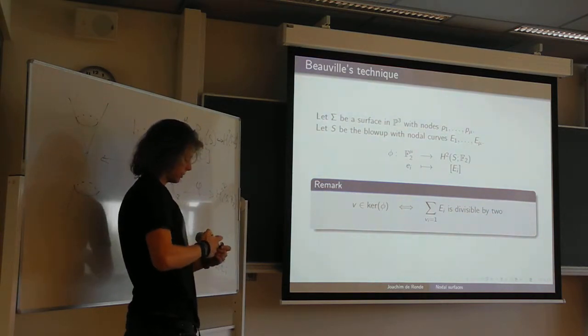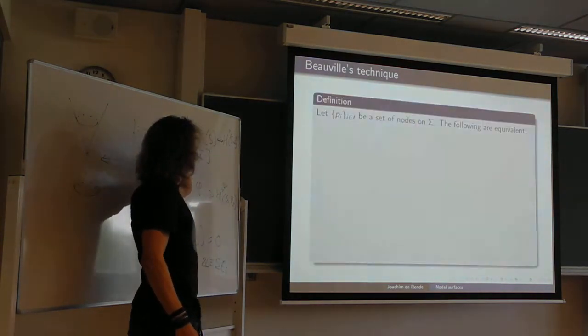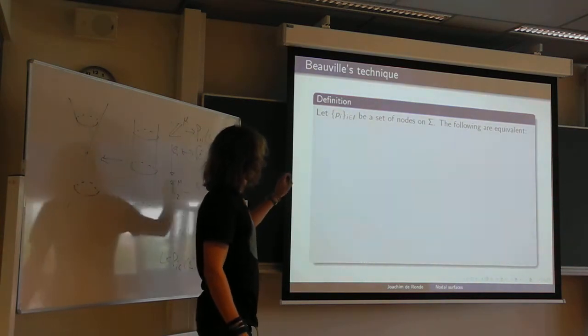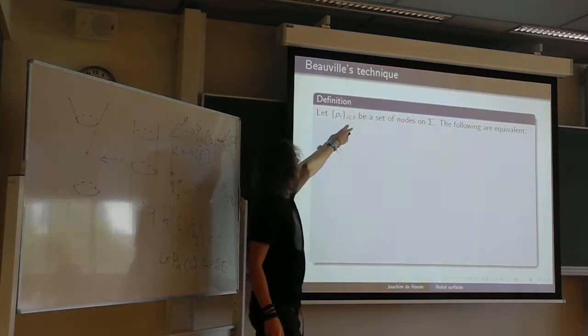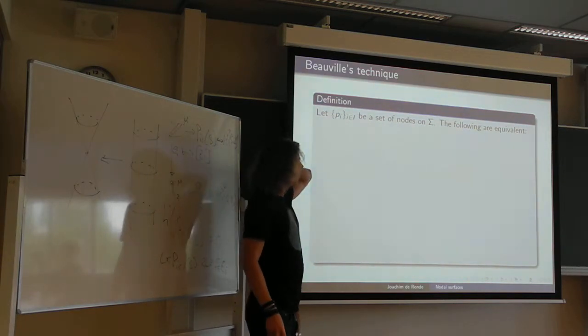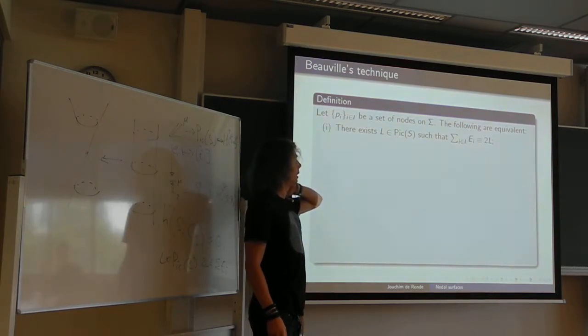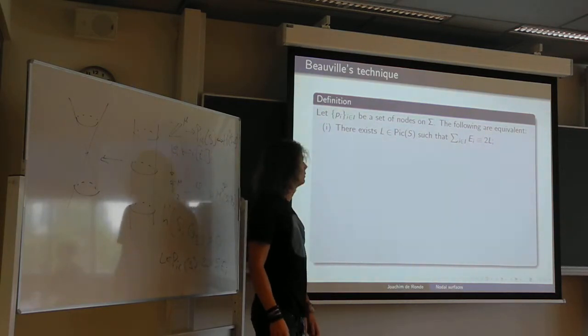Why is it interesting? Well, let's take a look at the following definition / proposition. We pick a set of nodes, the i indexed by uppercase I. The following will be equivalent. There exists a divisor L such that the sum of the exceptional curves is congruent to 2L, that is, the sum of the exceptional curves is divisible by 2.